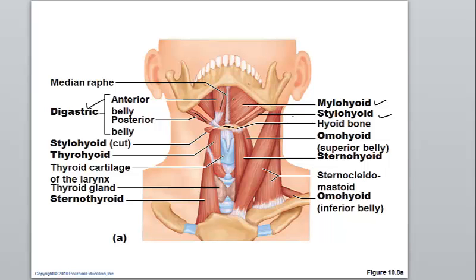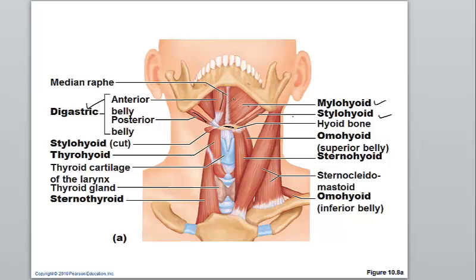This group, the suprahyoid muscle group, helps to form the floor of the oral cavity. Remember, the mandible is a U-shaped bone that has to be covered. So these muscles help to form the floor of the oral cavity. They anchor the tongue as well as elevate the hyoid bone, and help in swallowing by moving the larynx superiorly.